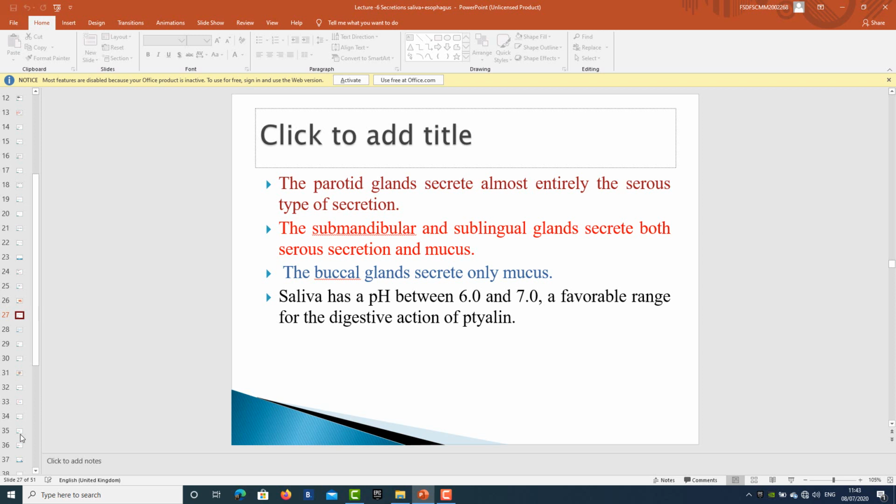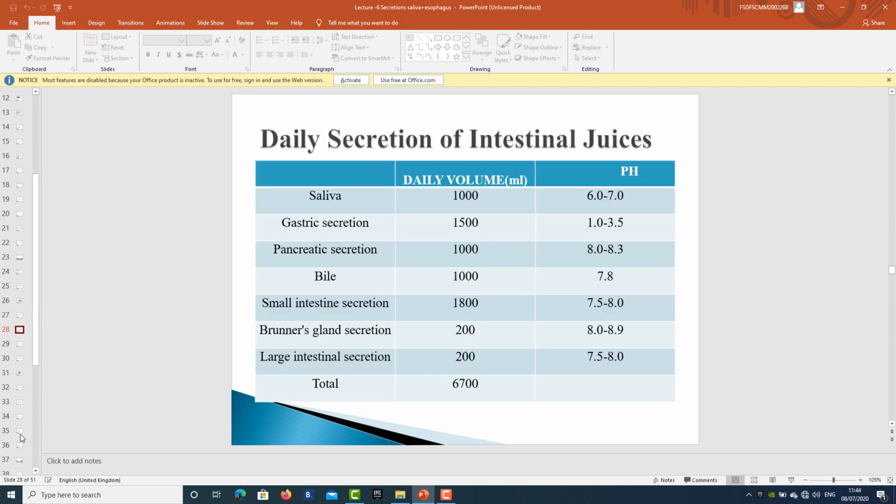Now, saliva has a pH between 6 and 7, a favorable range for the digestive action of ptyalin or alpha amylase. The daily production of different intestinal juices along with that of saliva, the daily secretion chart of gut secretions, is important to learn, and also the favorable pH at which they are acting.